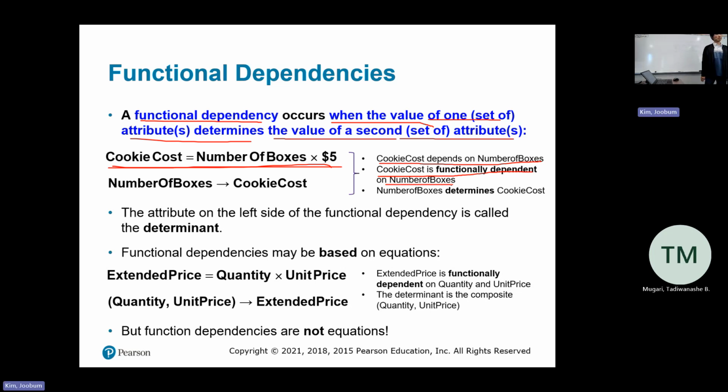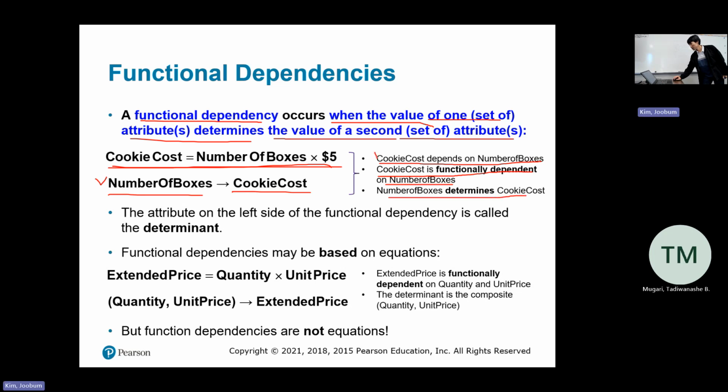It's the same. So we are able to write it like this using an arrow in a functional dependency, which means cookie cost is functionally dependent on number of boxes. In other words, number of boxes determines cookie cost.